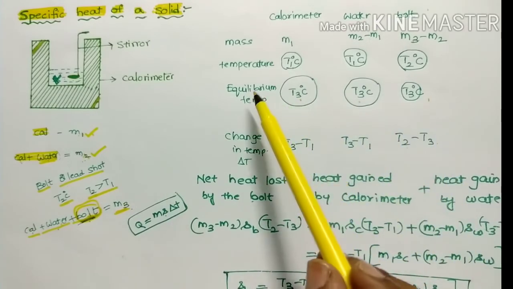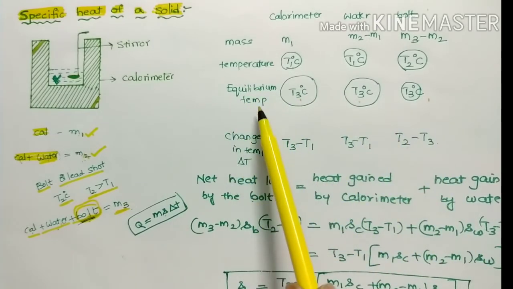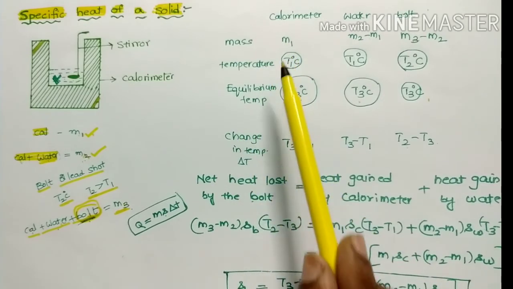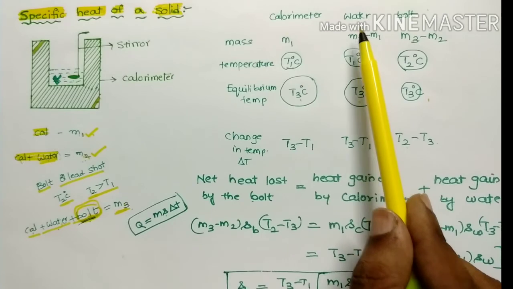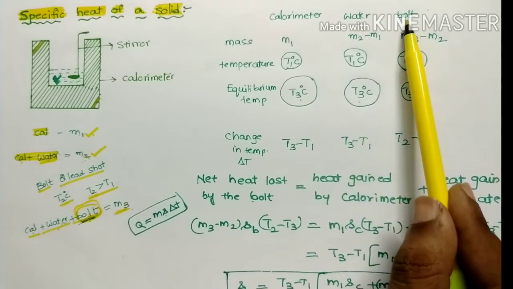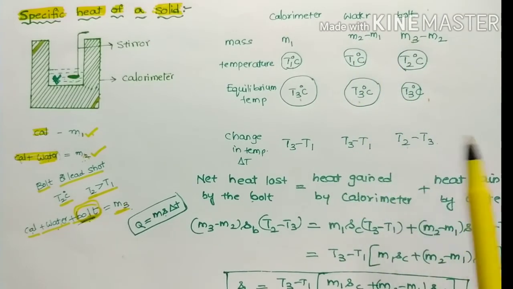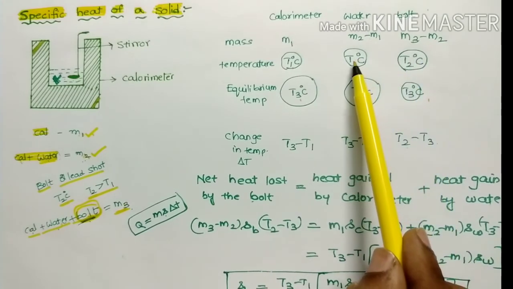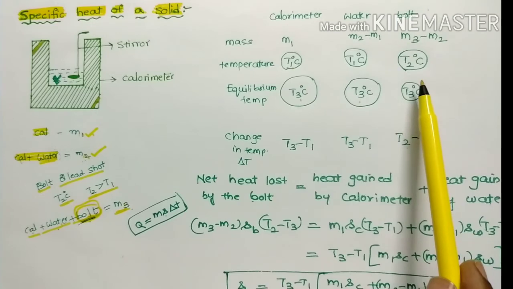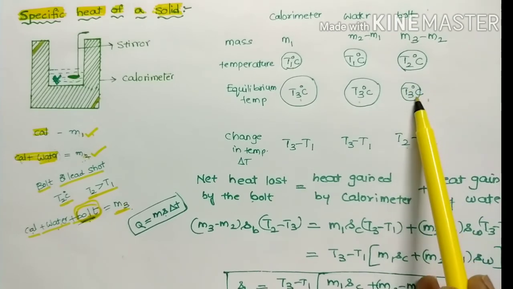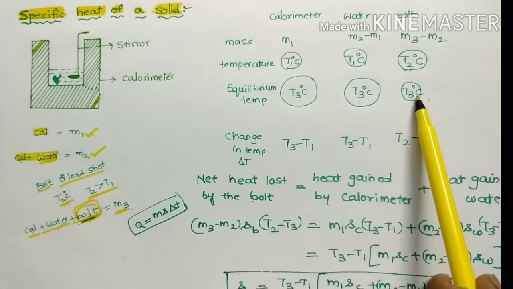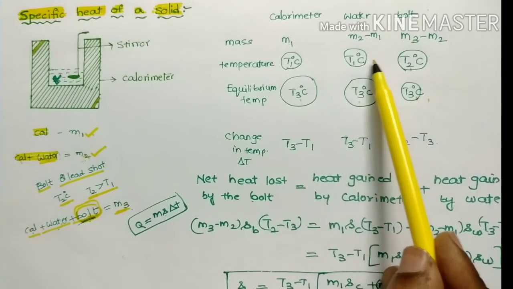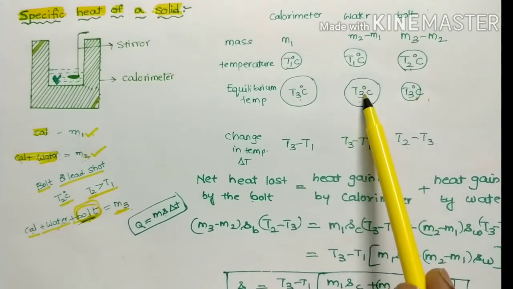The change in temperature for the calorimeter is T3 minus T1, for the water it is T3 minus T1, and for the bolt it is T2 minus T3. Why? Because T2 is more than T1, so the bolt loses temperature to attain equilibrium: T2 is more and T3 is less.